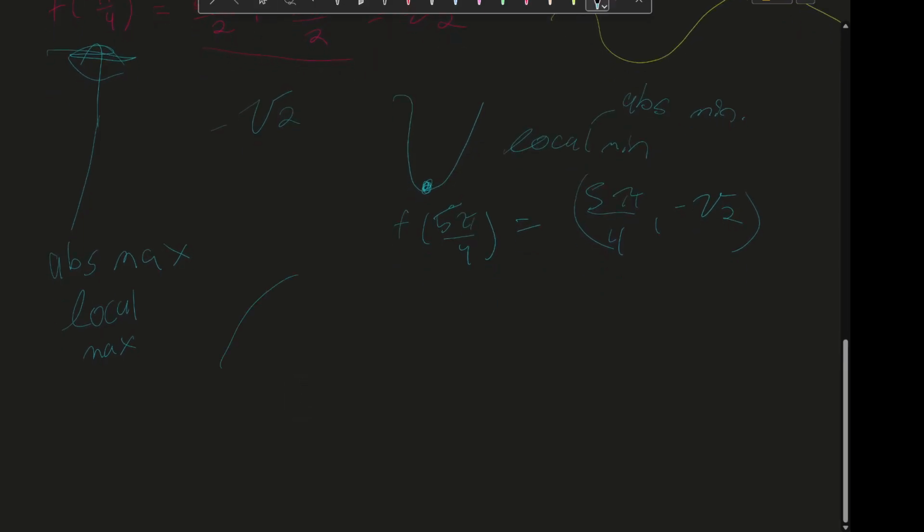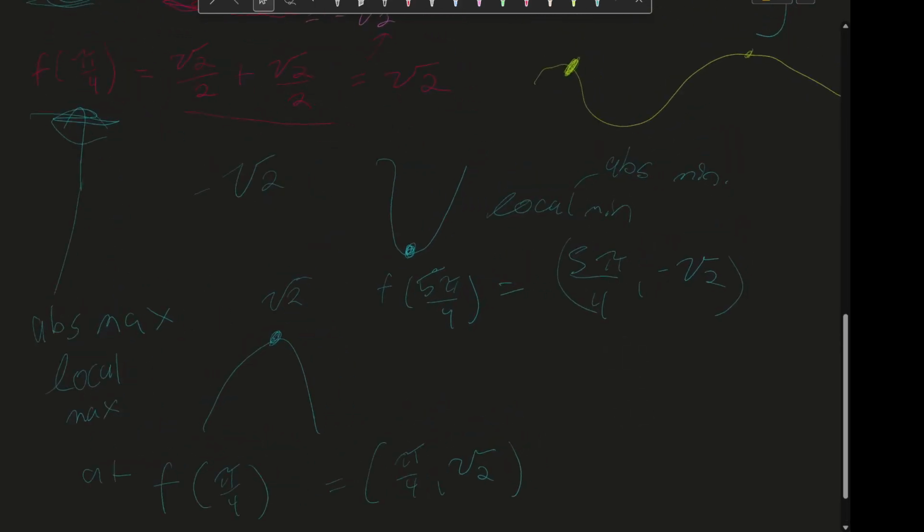And that'd look like, you have something and then it's at root 2. So you would say local max at f of, what was it, pi over 4? And if you wanted to write it as an ordered pair, it'd be pi over 4, root 2.